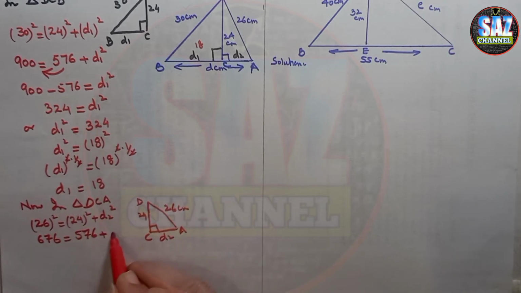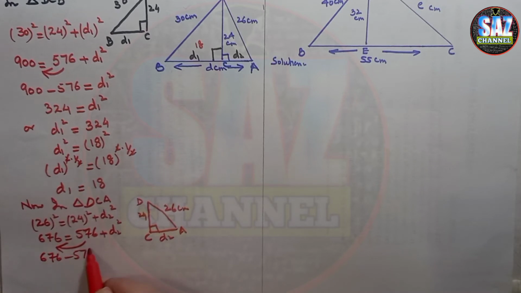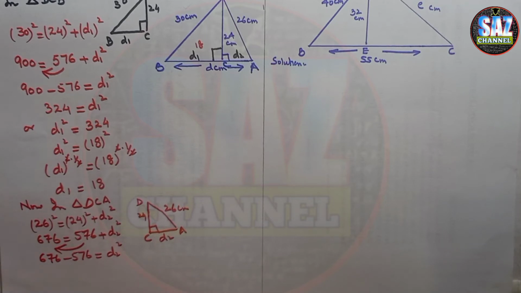Recall the squares from D2 chapter number 3 and make your calculation easy and perfect. 676 minus 576 equals d2 square. Now when I take 576 away from 676, I will definitely get 100, so d2 square equals 100. Now I have to think about the number whose square is 100, that is 10 square.